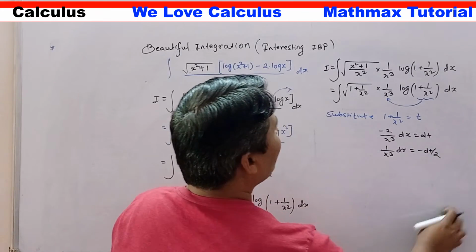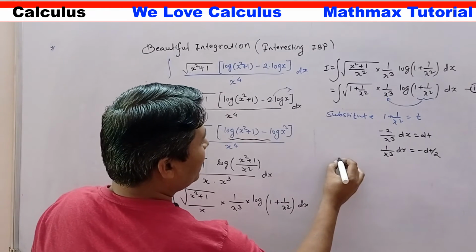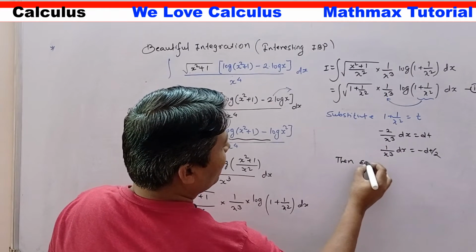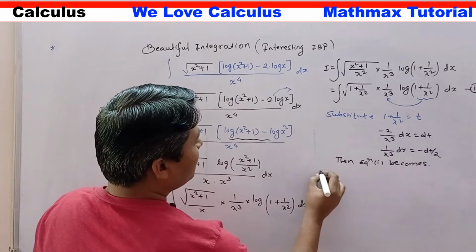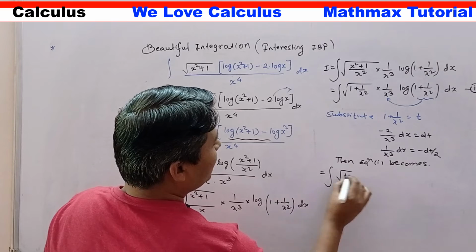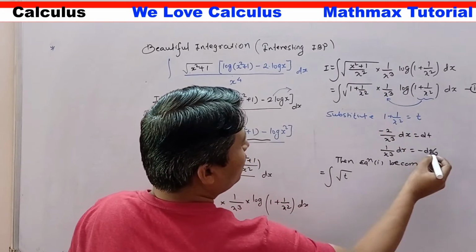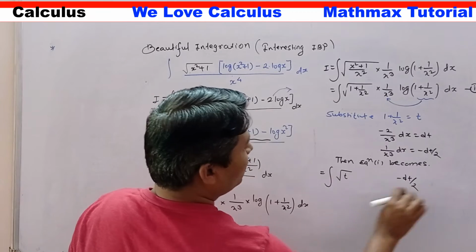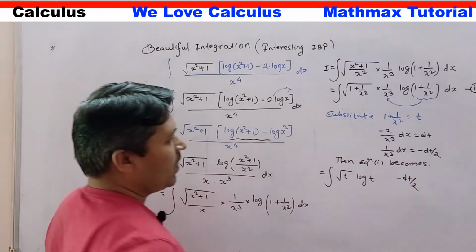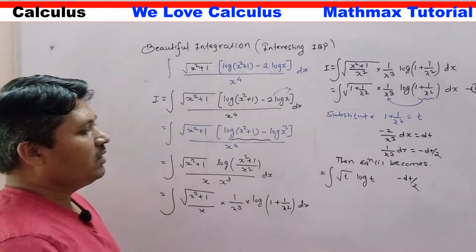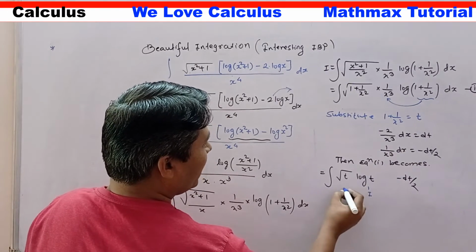Then equation 1 becomes the integration of root t, with 1 by x cube dx equal to minus dt by 2, and log t. Here we take log t as the first function and root t as the second function.